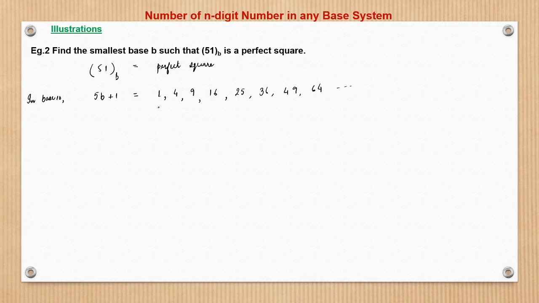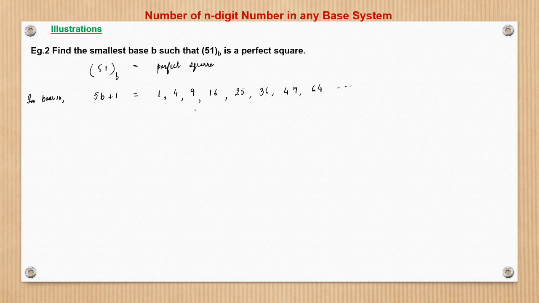Now we have to check the smallest value of b. 1 will not satisfy this because if we equate this to 1, b will be 0. So I also write the corresponding value of b here. b cannot be 0 because b is a base system, so it has to be greater than or equal to 1. Then this will give some fractional b which is not possible.